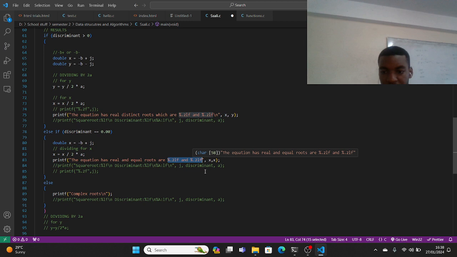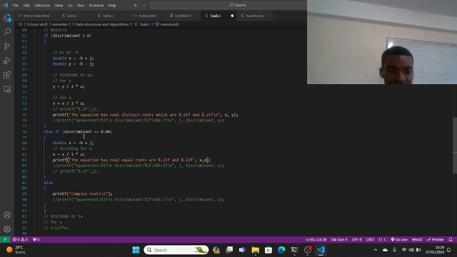The print statement will say the equation has real equal roots, which will be similar.